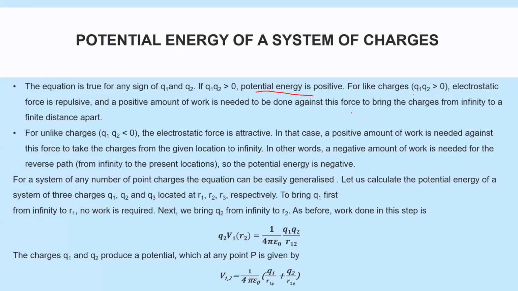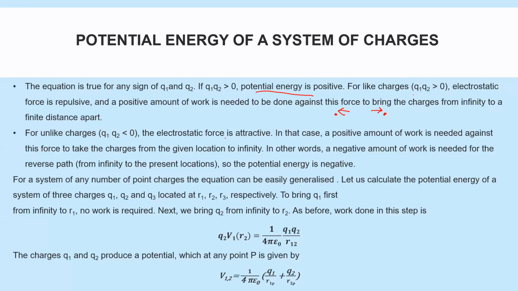So if the electrostatic force present between the two charges is repulsive in nature, the work done in bringing the charges from infinity to this configuration is always going to be positive. If you have unlike charges, the product would be less than 0.